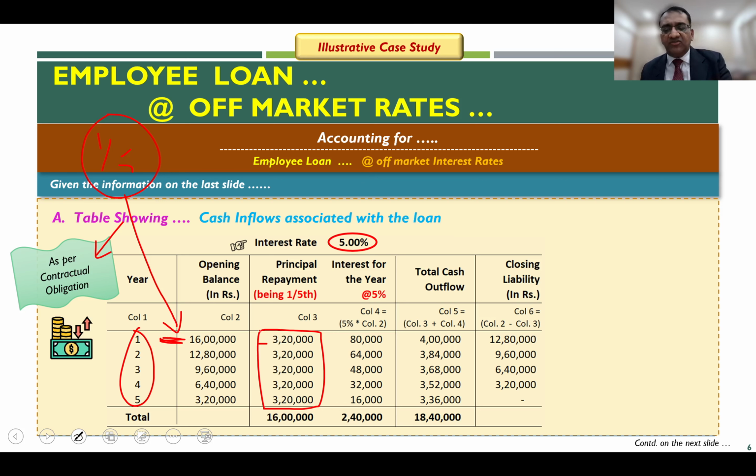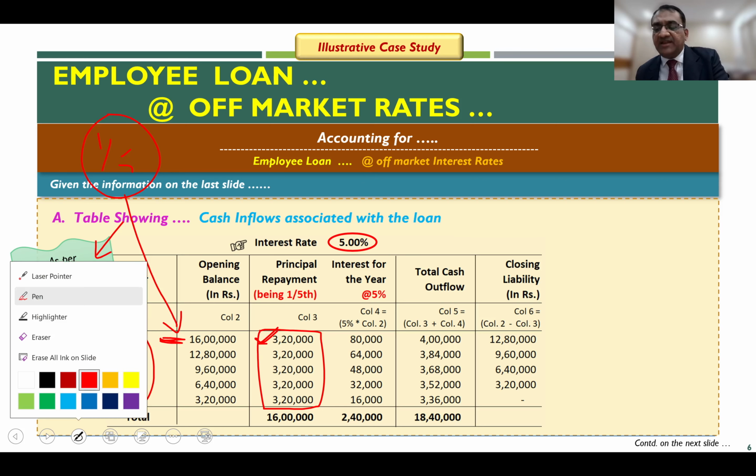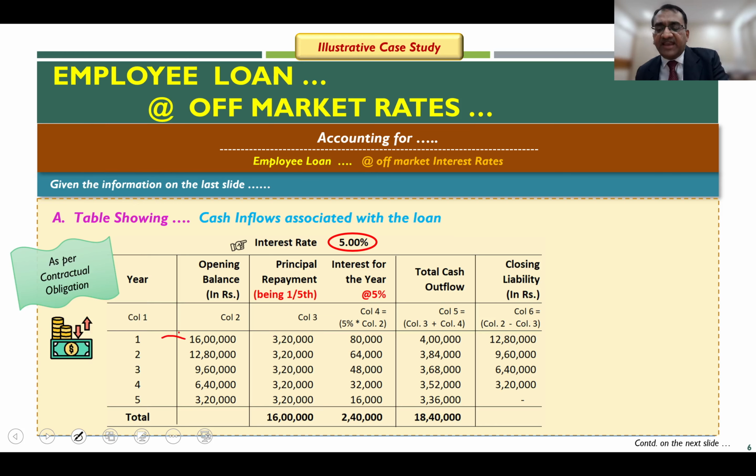And because you are making the first repayment at the end of year number 1, as the case study gives you the information, the entire loan of 16 lakhs remained outstanding for the full year. Therefore, you will calculate the interest contractually at the contracted rate of 5%. That's what the employee has committed to pay to the company.